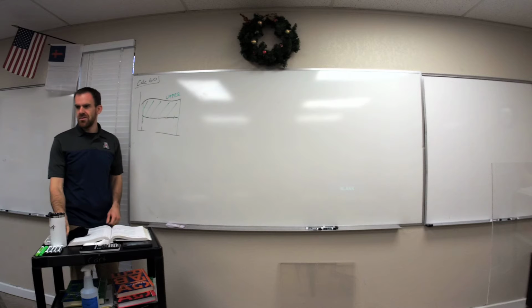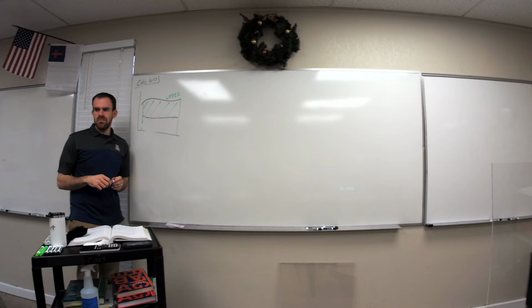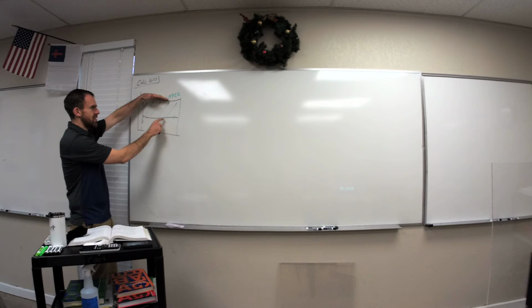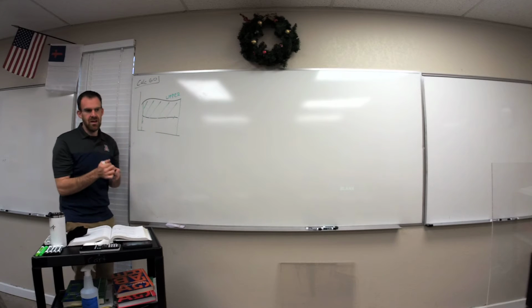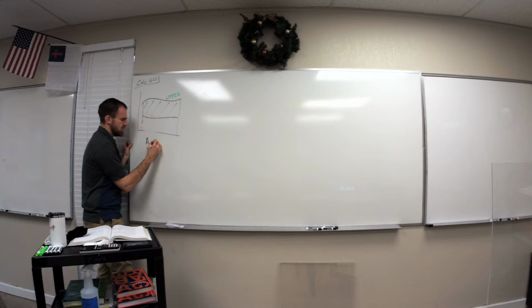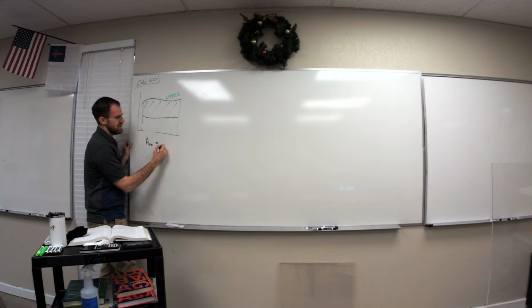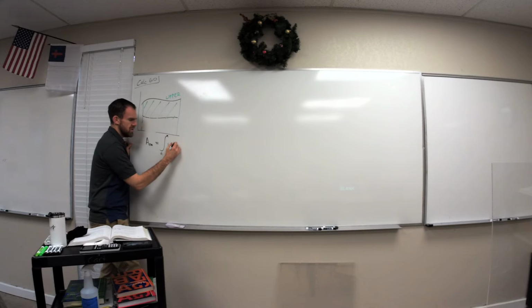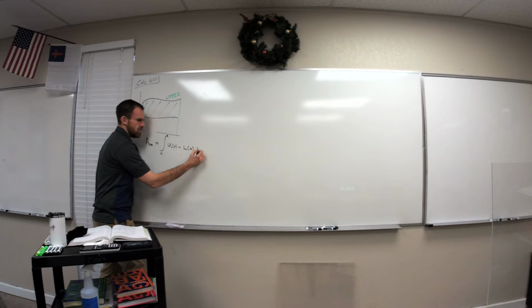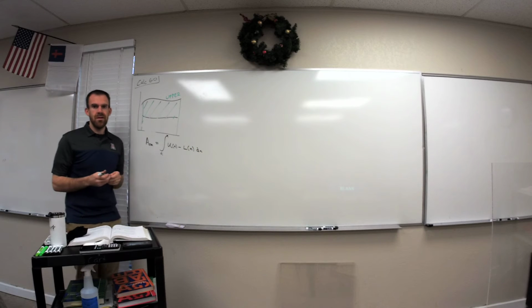That area in between. Right? If you take this area and you subtract this area, you get that area. So the area between curves is the integral from a to b of your upper function minus your lower function.